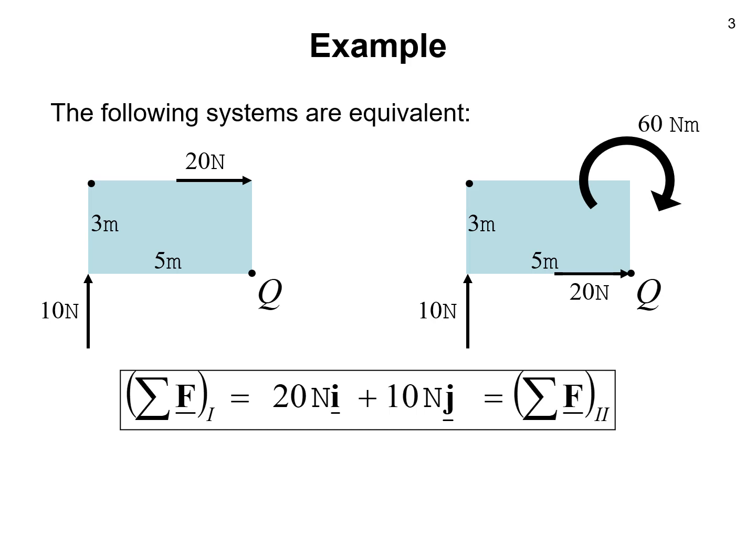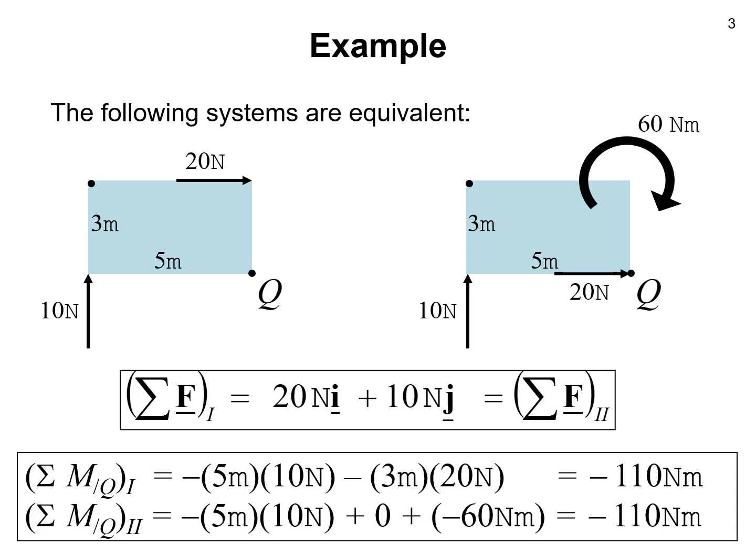In case number 1, my sum of forces is 20 newtons times i plus 10 newtons times j, and that's clearly the same as in case number 2. Now, in terms of moment, let's choose the point Q as our basis of comparison.